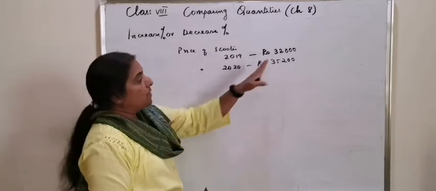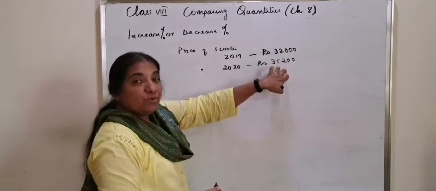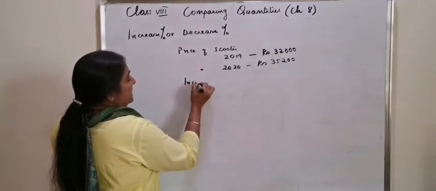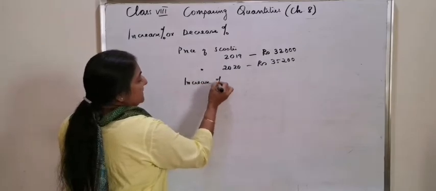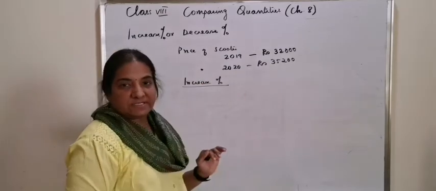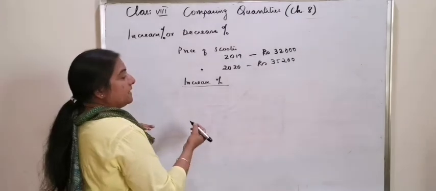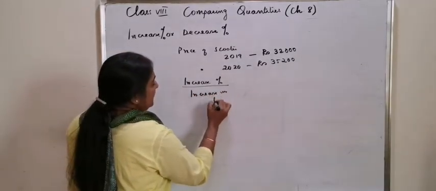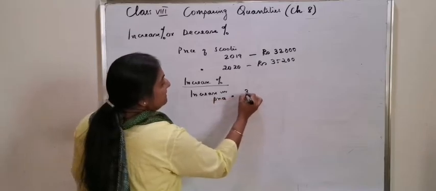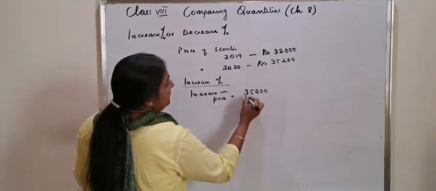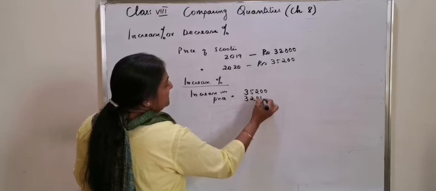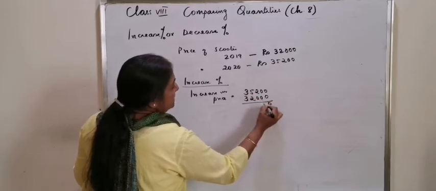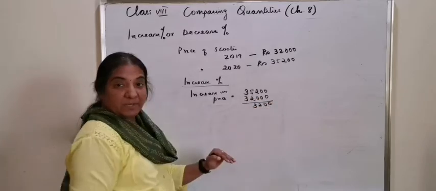So naturally you understood that it is an increase. You have to calculate the increase percentage. That is the question in front of us. So how do you calculate the increase in price? The increase in price is 35,200 minus 32,000, which is 3,200.